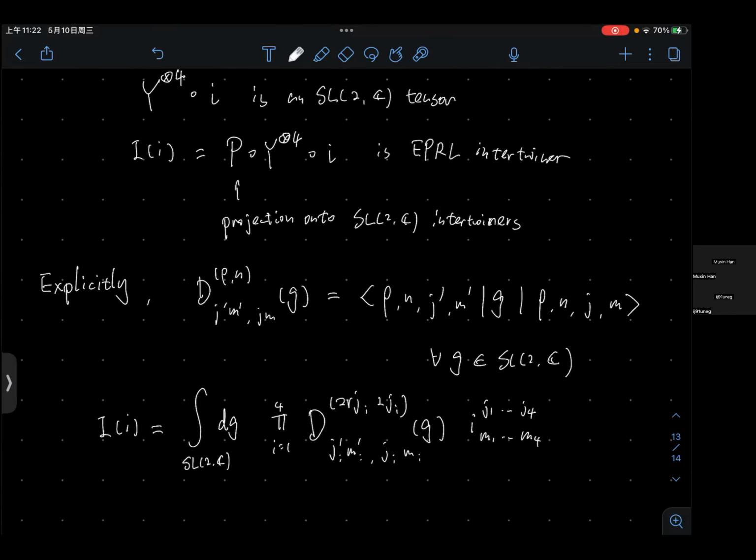Some explanation: you can notice that this J and this J are the same, and this just shows the Y map.